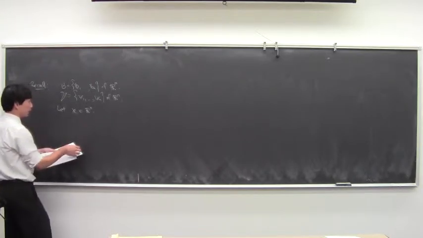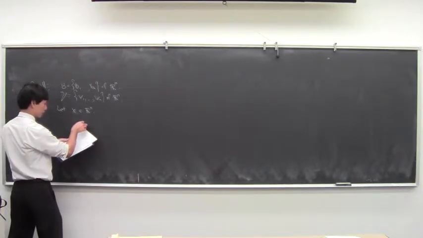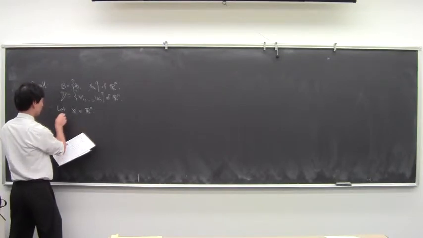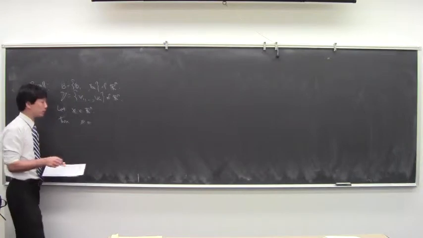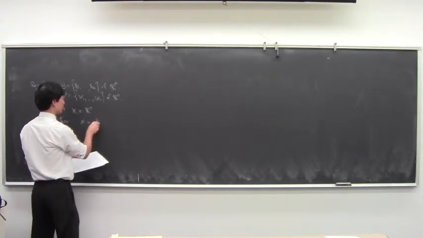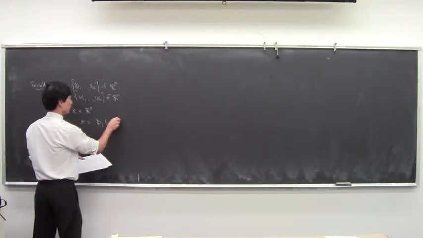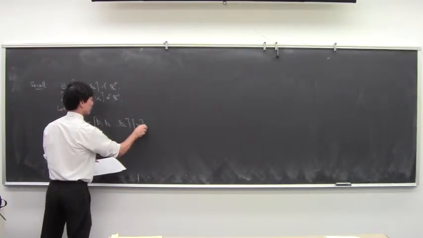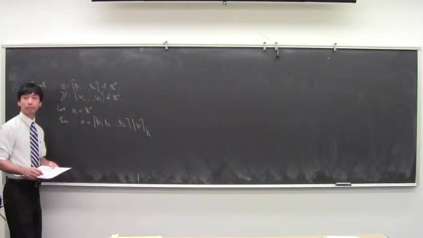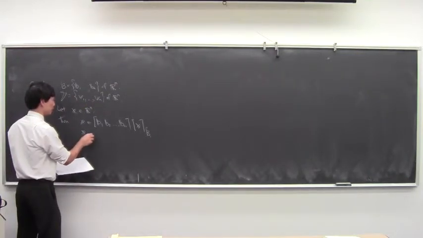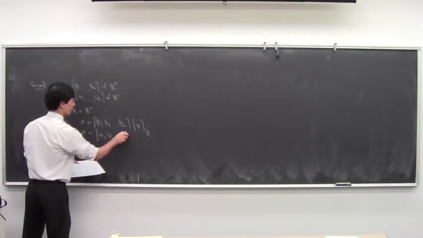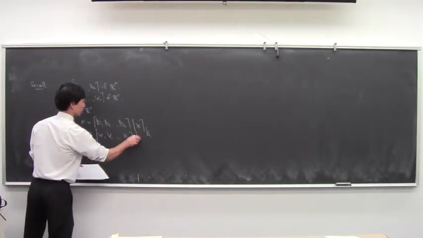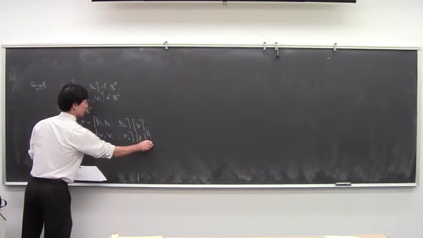In that case, x could be written in two different ways. One is B1, B2, through Bn, times the coordinate vector of x with respect to B. Another way is that it could be written as V1, V2, through Vn, times its coordinate vector with respect to V.